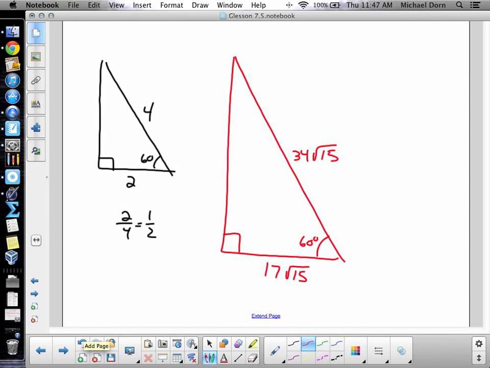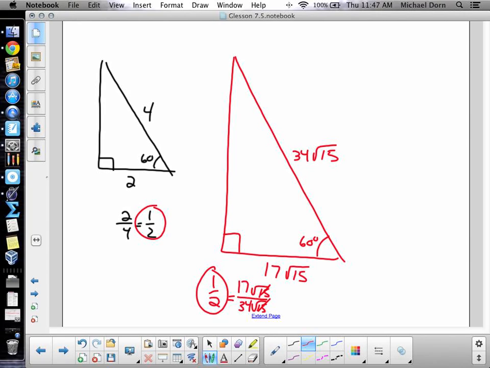But if I took the ratio of the short side to the longest side, and reduced it, the root 15's cancel, and 17 over 34 reduces to 1/2. Doesn't it? So it doesn't matter how big or small the 30, 60, 90 triangle is. If I take the ratio of the short side to the hypotenuse, I always get the same ratio, don't I? 1/2.